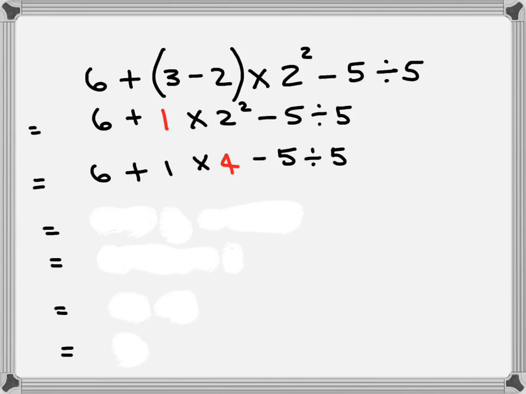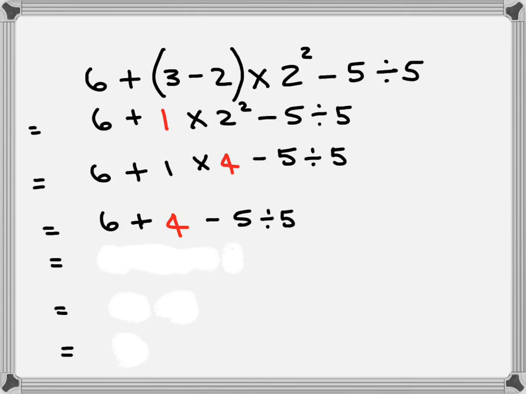Now, division and multiplication from left to right. Left to right. So, what do we have first, a multiply or divide? Let us look. We have a multiply first, so we're going to solve that first. So then our next line will look like this. We'll write this down, and then we'll solve that, 1 times 4, and then we'll write that down as it stands.